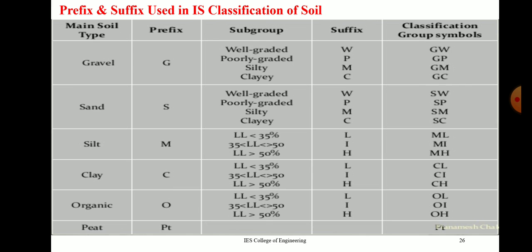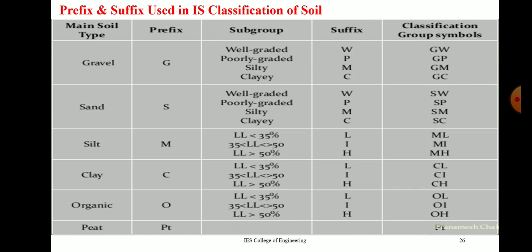Next we go through some prefixes and suffixes used in IS classification of soil. Here we can see a group of main soil types, and this is the group of subgroups. The main soil types are gravel, sand, silt, clay, organic and peat.